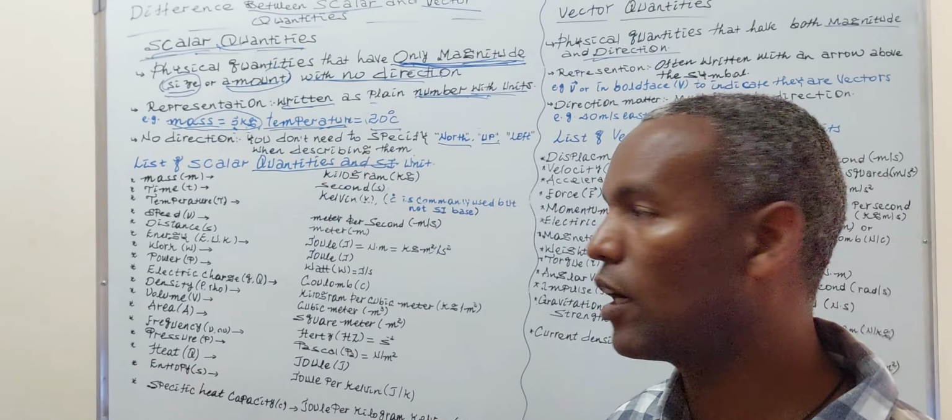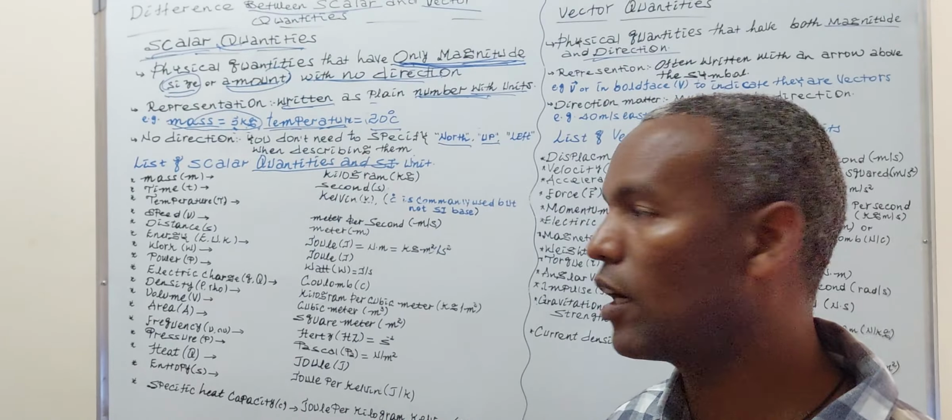And then distance. Let's say an object moved from point A to point B. We can express the distance from point A to B using only its magnitude as well as a unit, meaning a number and its unit.